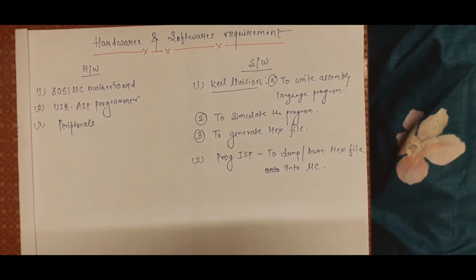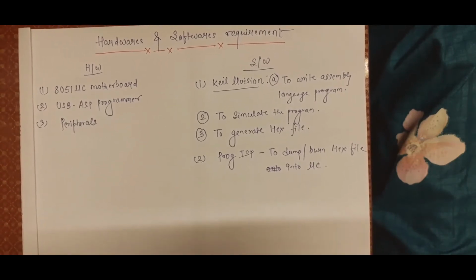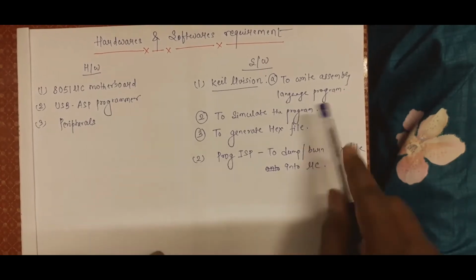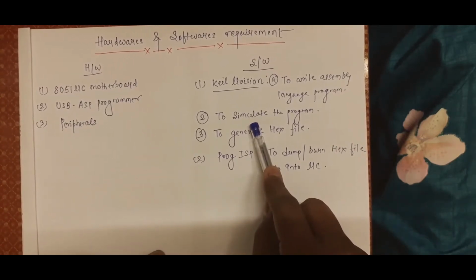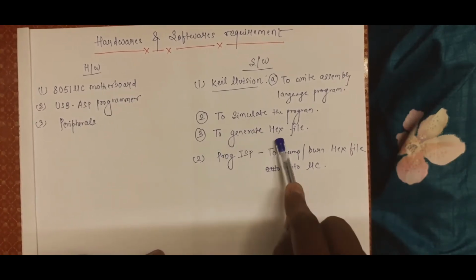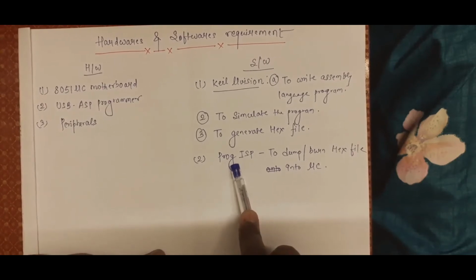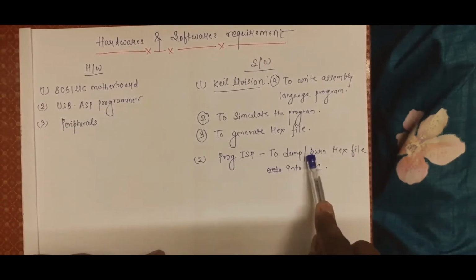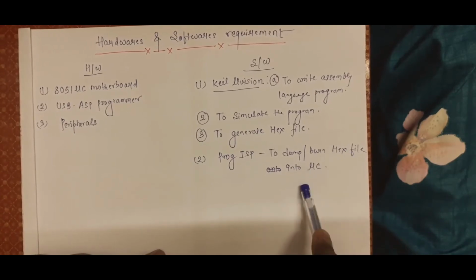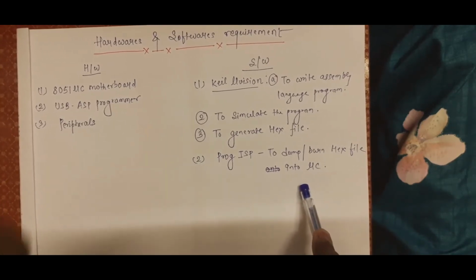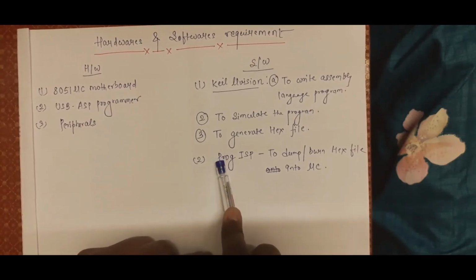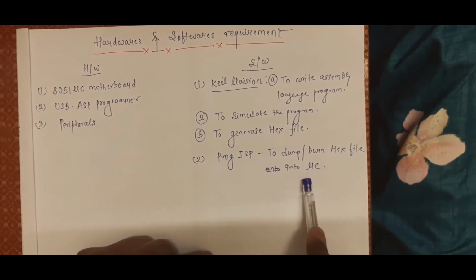For example, let's say you have written a program in Keil Microvision software, then you have simulated the program, means you have verified the program. Let's say now the program is working fine. So you can generate the hex file of that particular program. Now open Prog ISP software. By using Prog ISP software, you can dump or burn the generated hex file into your microcontroller. So microcontroller has an inbuilt ROM. So by using this particular software, you can dump the generated hex file into your microcontroller.